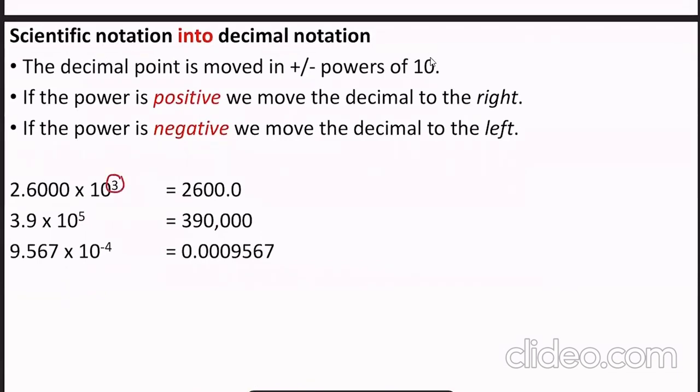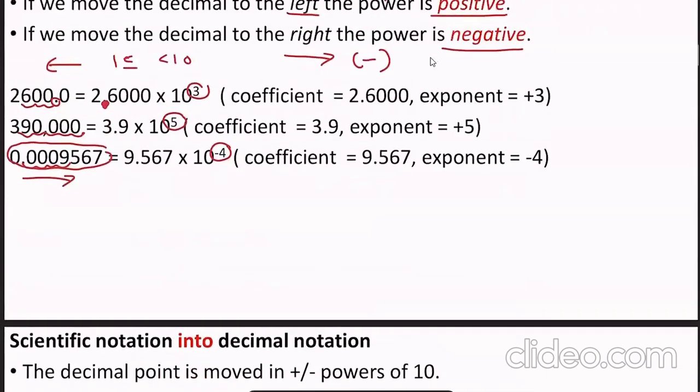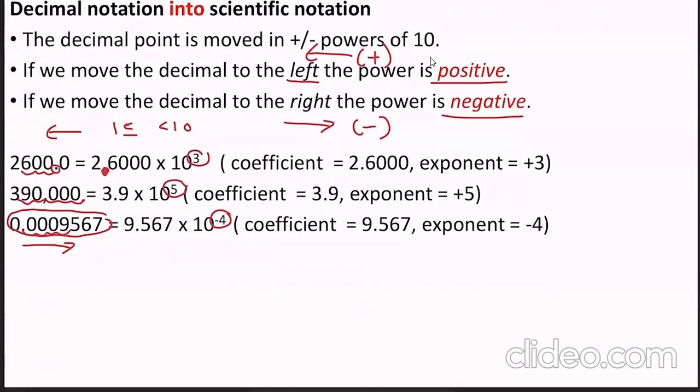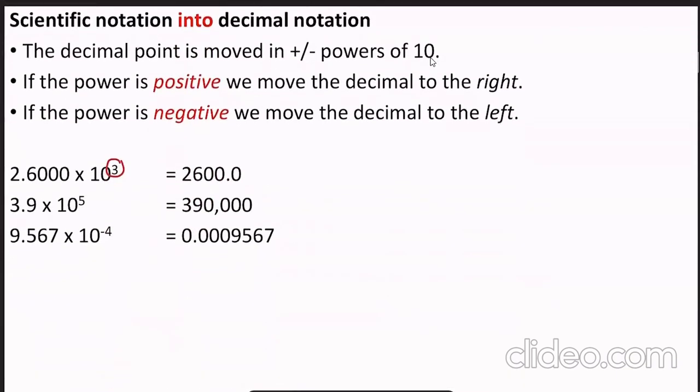If we see a positive exponent, we cannot use the same rule and move the decimal to the left. It doesn't make sense. Because it's positive, here's what happens. 2.6000. If I'm going from scientific notation to decimal notation, I cannot move this decimal point to the left.